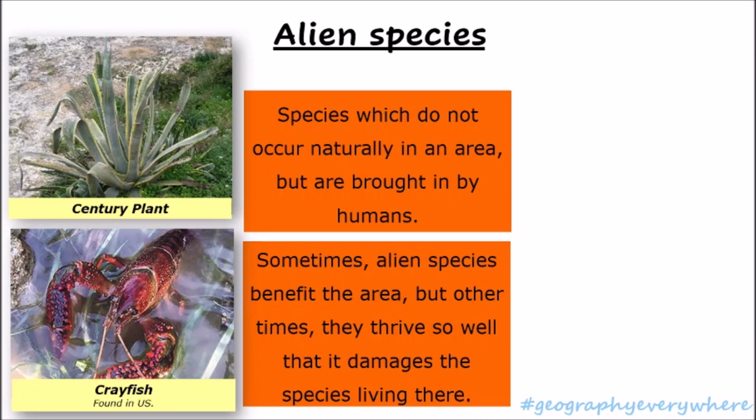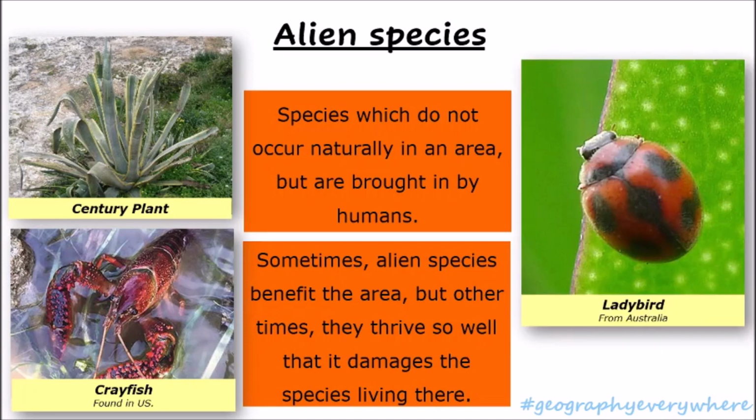The crayfish was brought in by aquarists. Someone accidentally let it into a freshwater area, and now the crayfish are thriving so well that they're actually taking over the natural and endemic species of the area. This ladybird is also an alien species to Malta. Unlike the century plant and the crayfish, which are taking over the natural species of Malta, the ladybird helped.